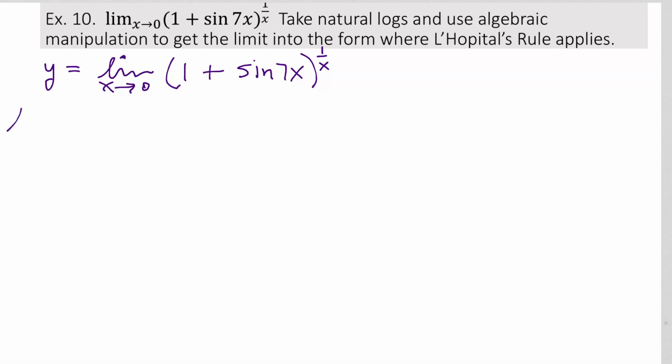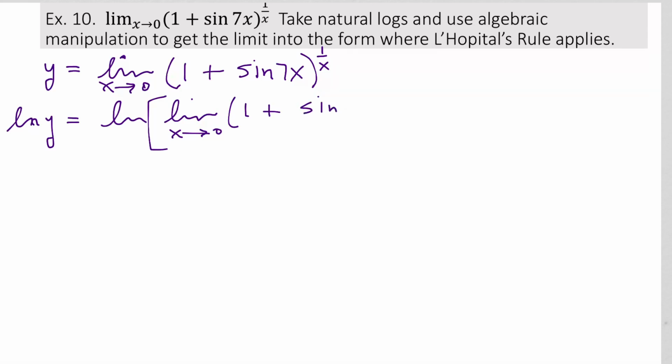Then we take the natural log of both sides. Then we switch places, the limit and the natural log.